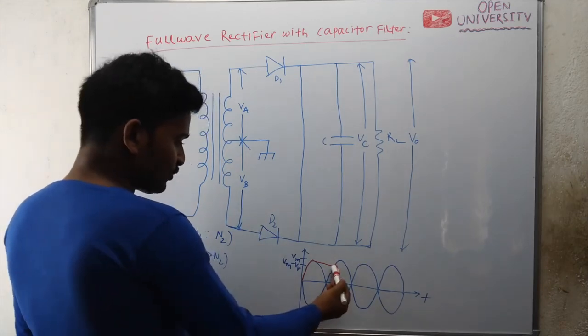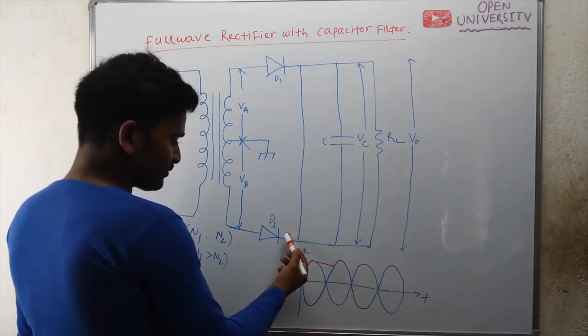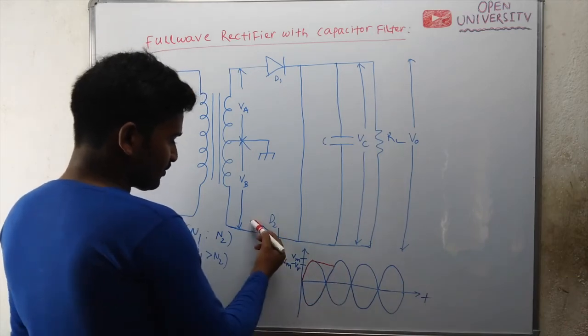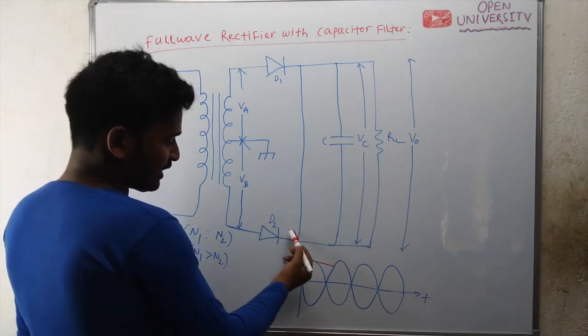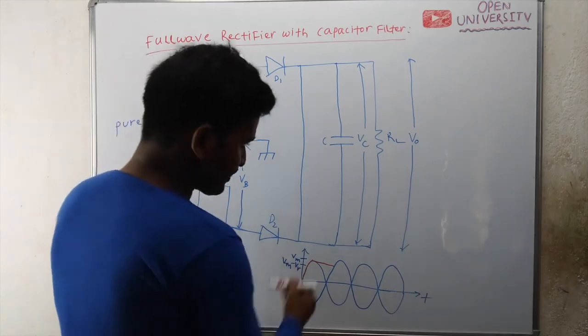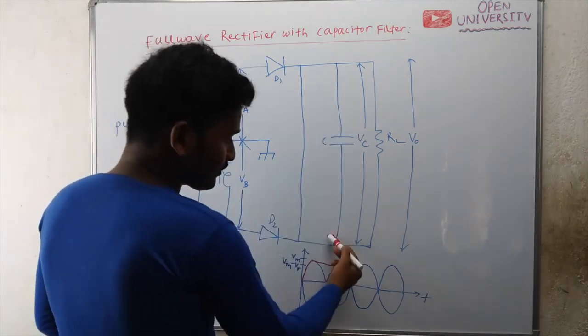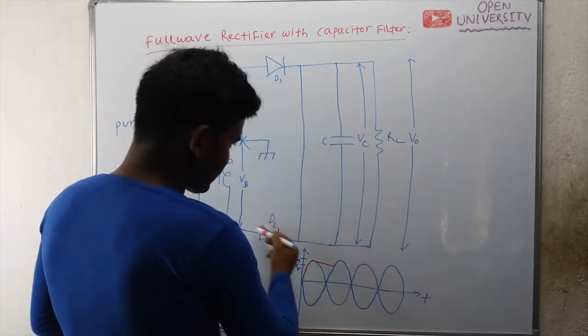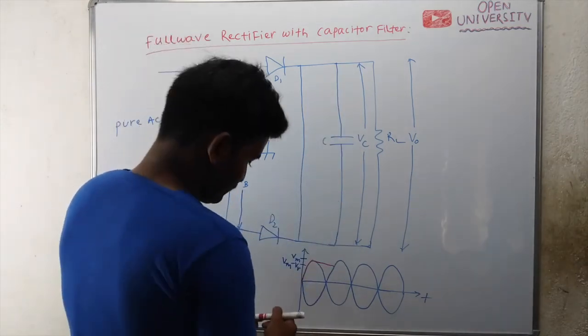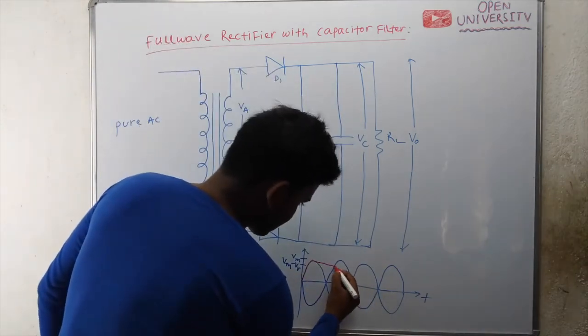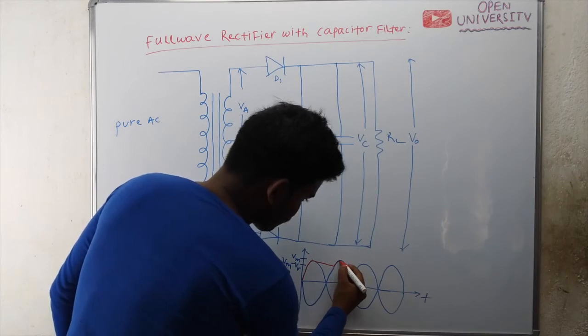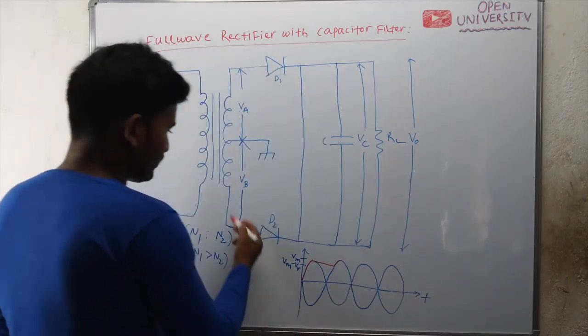When VB exceeds the capacitor voltage, diode D2 will be forward biased and the capacitor will charge through the diode, so the capacitor voltage will increase up to the peak value of input voltage VB.